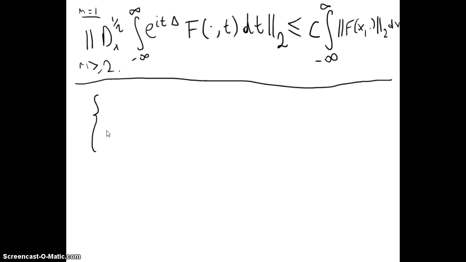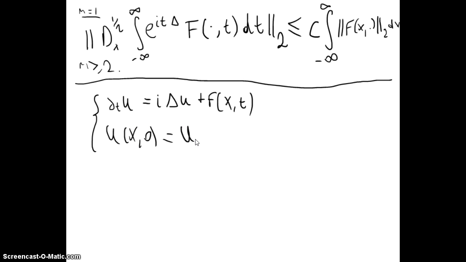Now we're going to take into account the inhomogeneous problem: ∂_t u = iΔu + F(x,t), with u(x,0) equal to u_0, well, in this case let's say 0, with x in R^n and t a real number. For this problem, we're going to have the following theorem for the solutions.